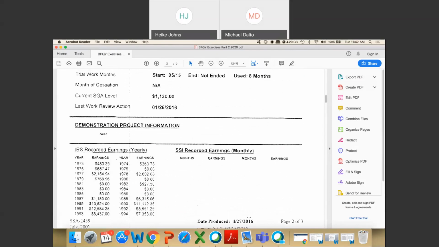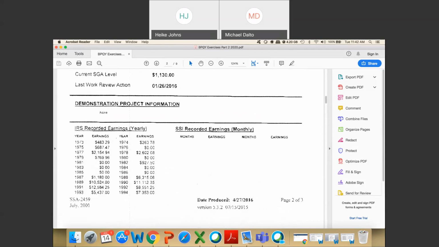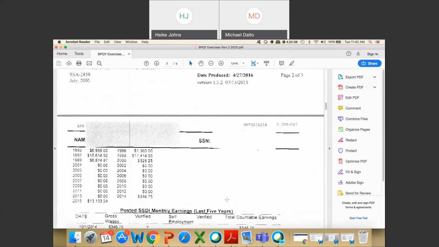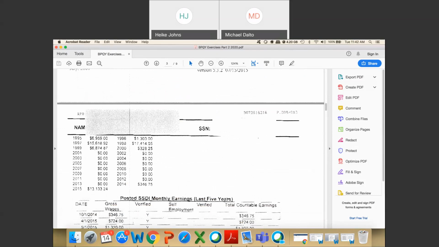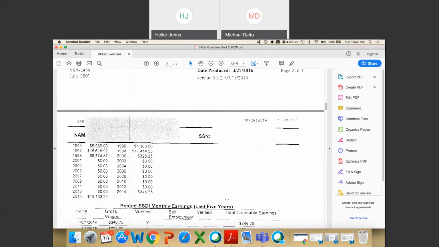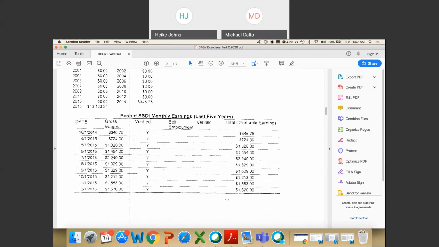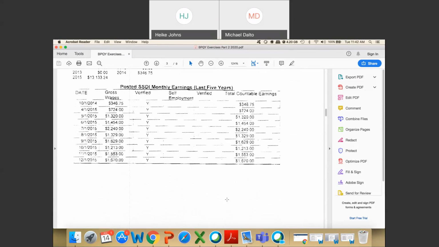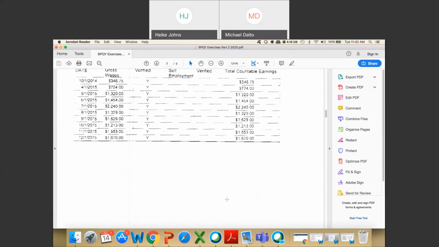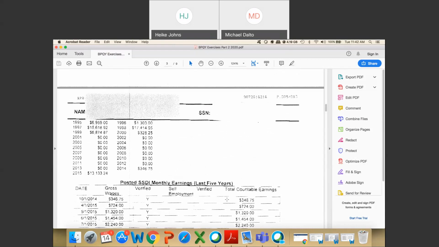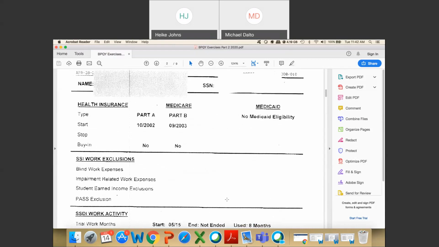And we see IRS recorded earnings going back to 1973 all the way up to 2015. We see posted SSDI monthly earnings for 2014 through December 2015. And that's the information we need to know.